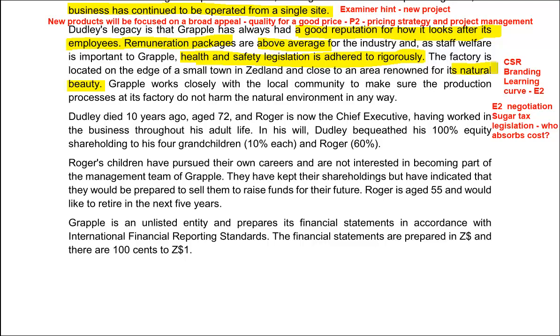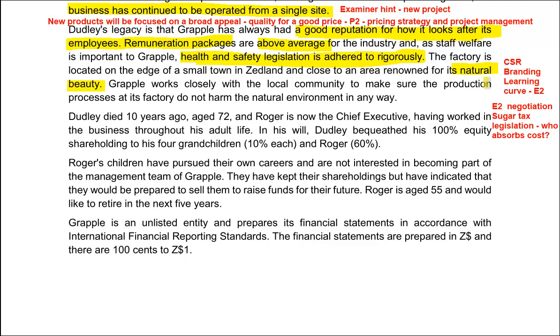That would then force a company like Grapple, who are adhering to legislation carefully and only operate on a single site, if they were purchasing a new site, to do so in a different area, because perhaps the surrounding areas are greenbelt areas, so they're preserved for natural beauty. This then implies that Grapple would need to buy a site that's detached from the main site, or perhaps would need to acquire a rival company to then get this new site.